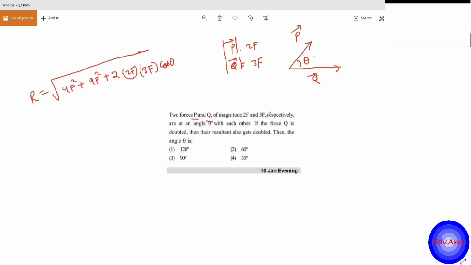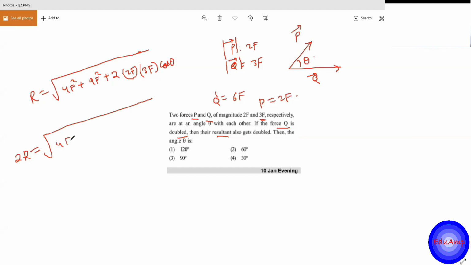Now the question says, if the force Q is doubled, the resultant also gets doubled. So that means the resultant will become 2R if you double the force Q. That was initially 3F. So now if you make Q as 6F, so Q dash is 6F, right? Now the resultant will be what? P is not changed, P is 2F only, and the angle is not changed also.